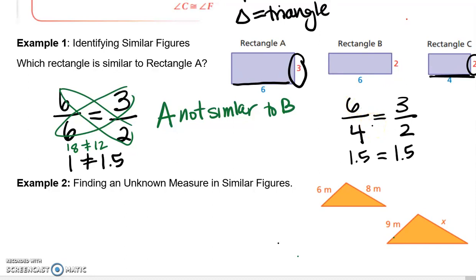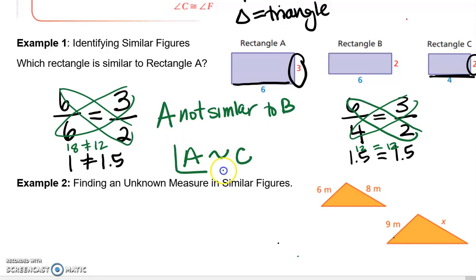You could do it either way. Or if I use my cross products, 3 times 4 is 12, and 6 times 2 is also 12. So therefore, I would say rectangle A is similar to rectangle C. Make sure you use the symbols that we have learned.